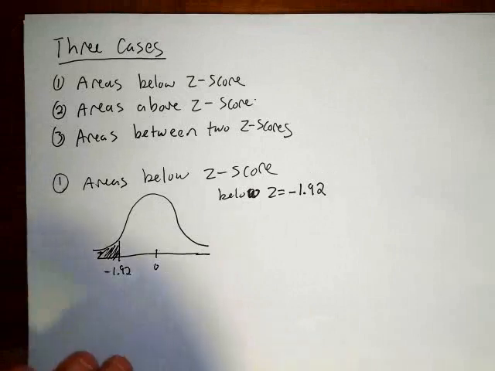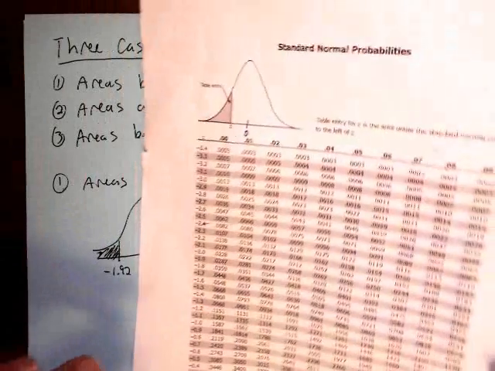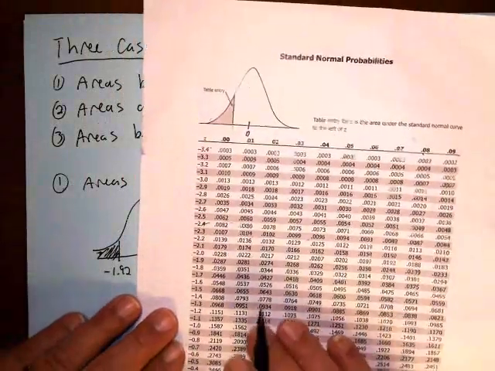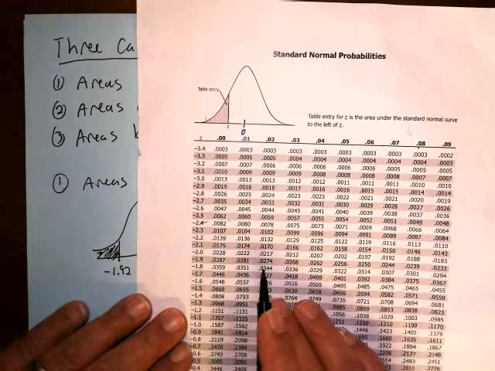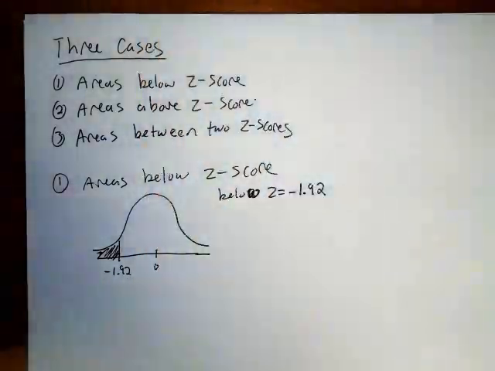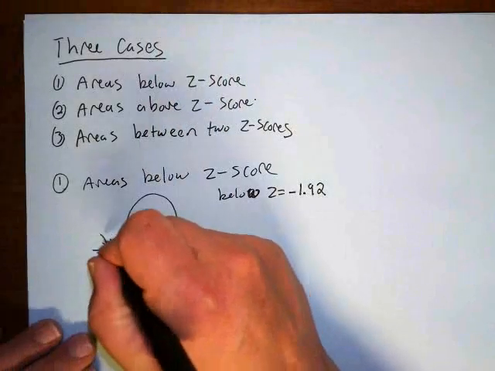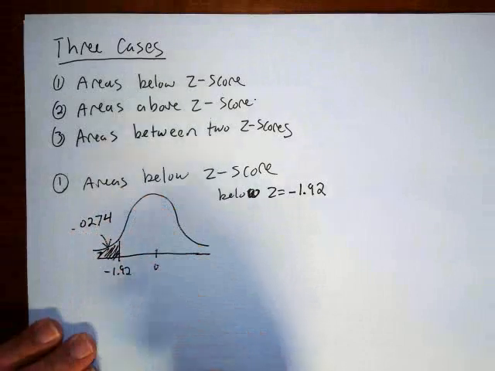For this one, all you need to do is look up the z-score on the table. So like negative 1.92, and I get 0.0274.